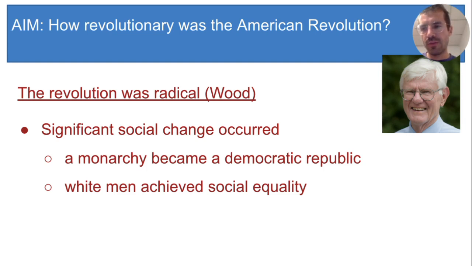In his 1992 book called The Radicalism of the American Revolution, Wood wrote, "By the early years of the 19th century, the revolution had created a society fundamentally different from the colonial society of the 18th century. It was, in fact, a new society, unlike any that had ever existed anywhere in the world." Wood calls the American Revolution the most change-producing radical event in American history, and he won the Pulitzer Prize for this work.